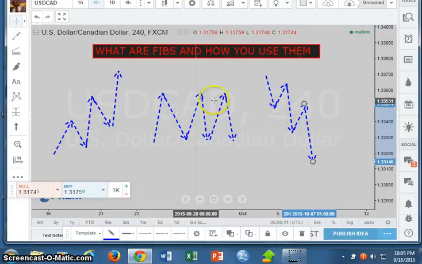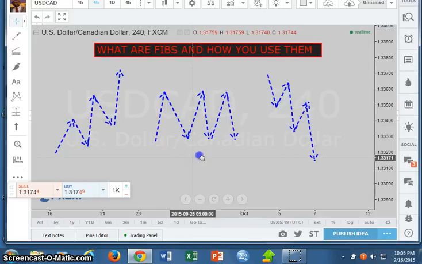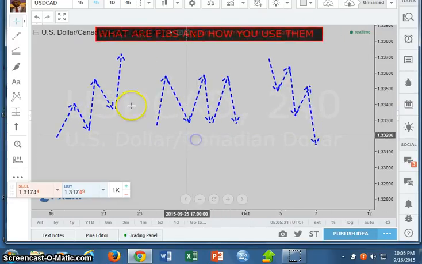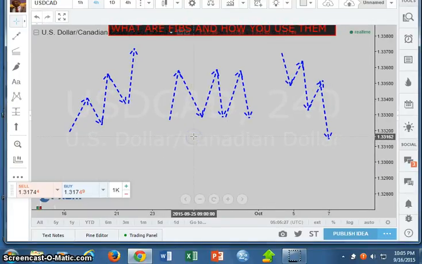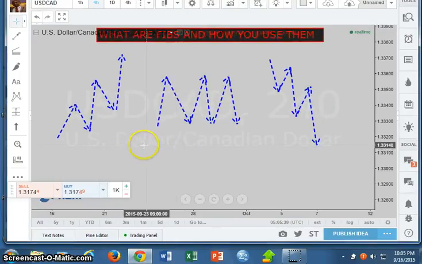Now how do Fibs come into the picture? With Fibonacci, markets do two things. In this example we have an uptrend, a downtrend, and a consolidating market. It means the market is doing two things in essence: expanding as well as contracting at the same time.